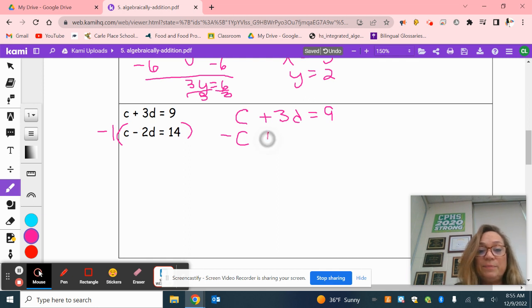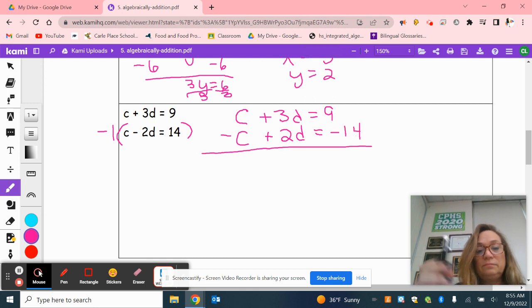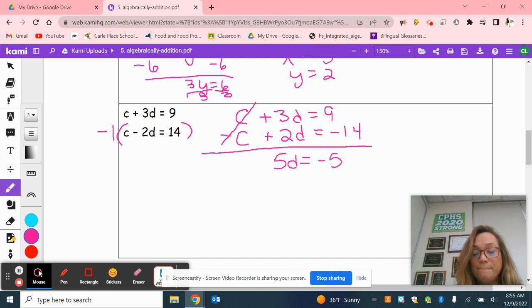Negative times negative is positive. And don't forget the 14. So I have my additive inverses. That gives me 5D equals -5. I'm going to divide by 5. And that gives me D equals -1.